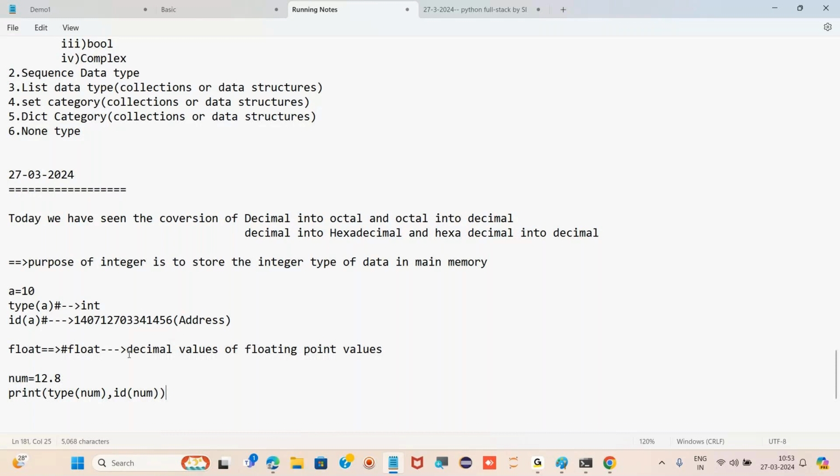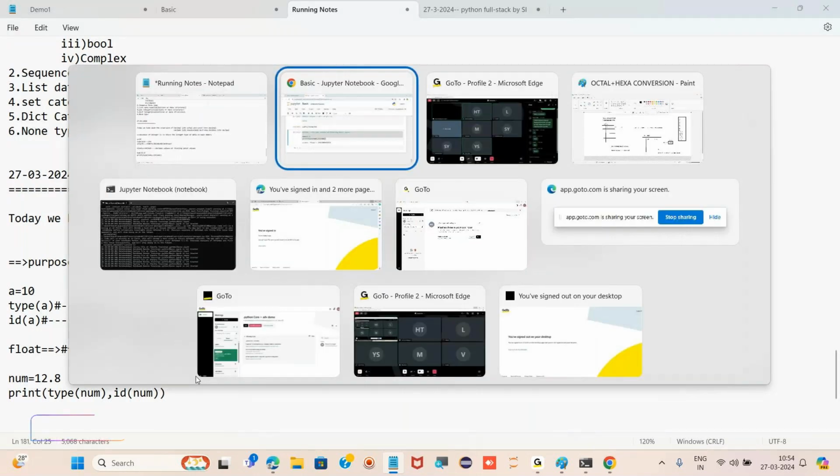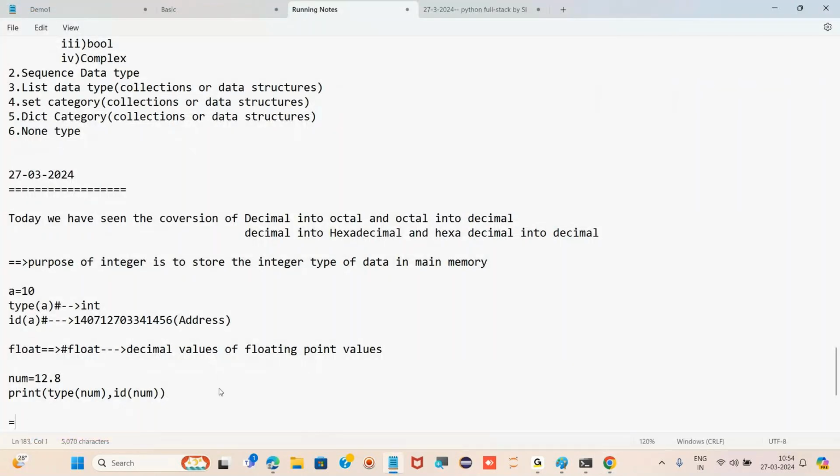The purpose of float is to store floating point values, or decimal values, in the main memory.